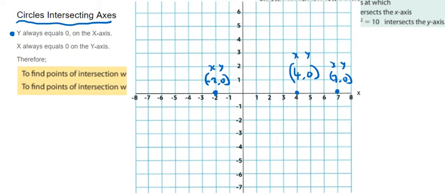Similarly, on the y-axis, if I was to ask what is the point there, that point there is 0, 5. This point here is the point 0, -2. This point here is the point 0, -7.